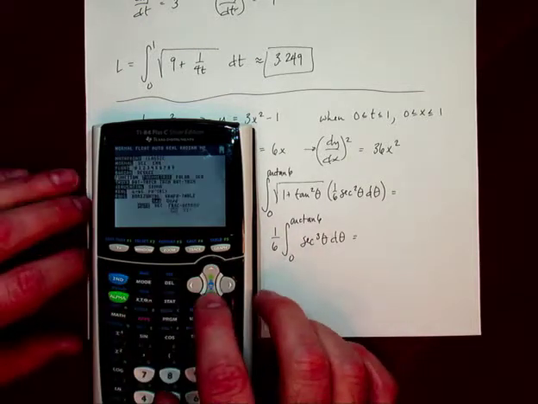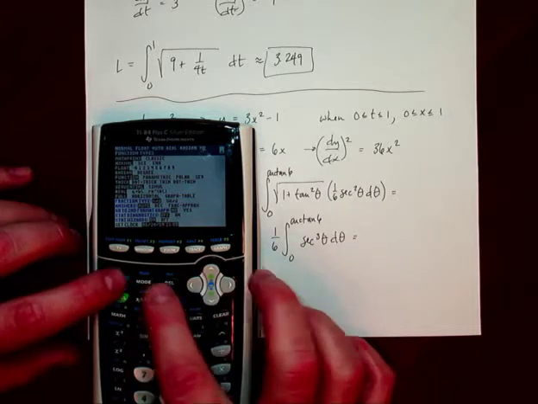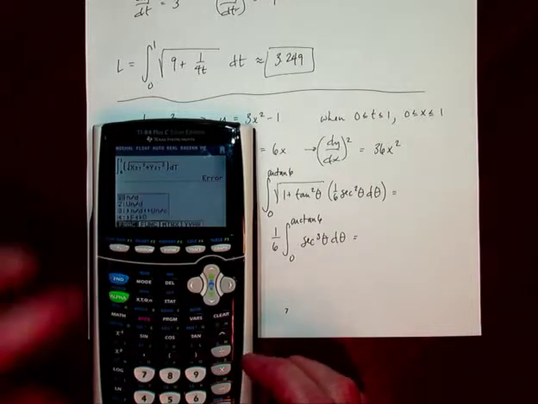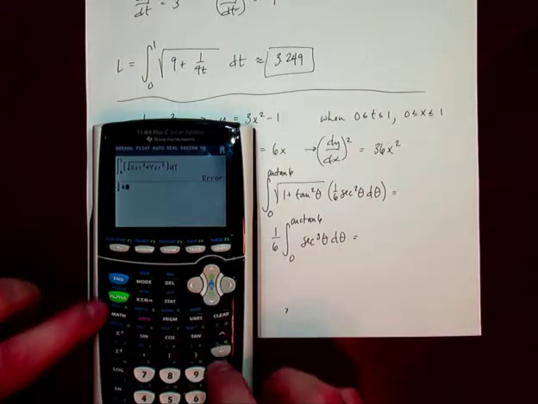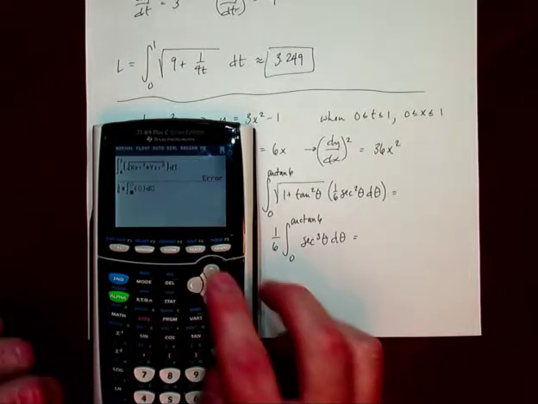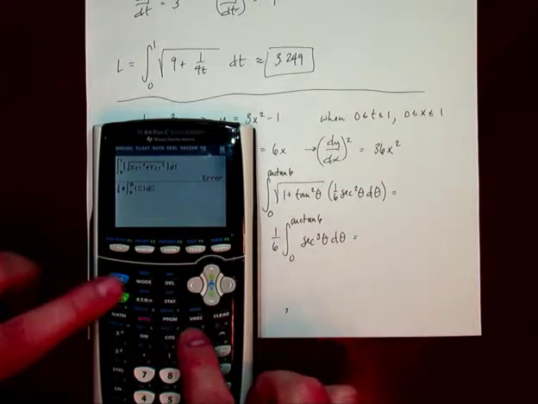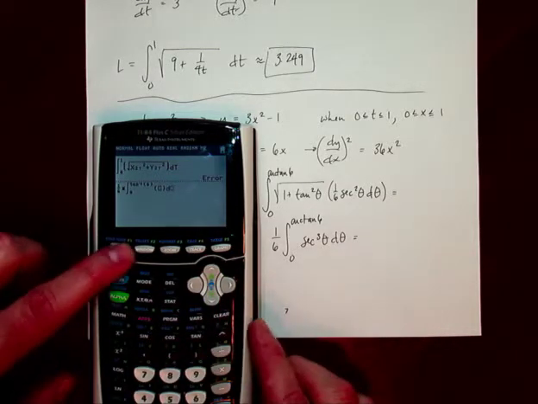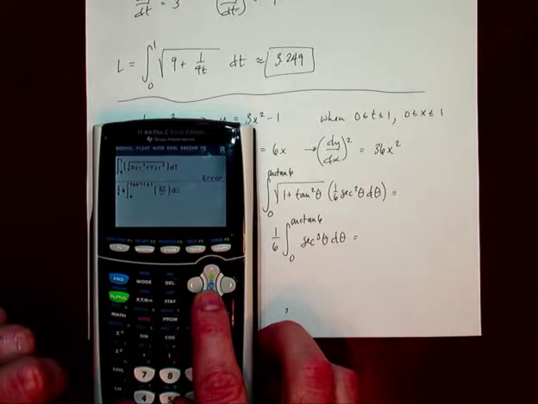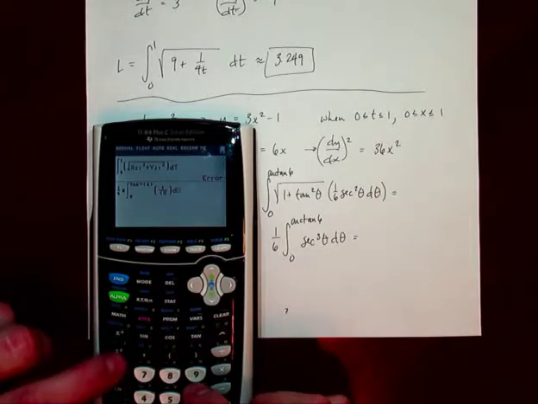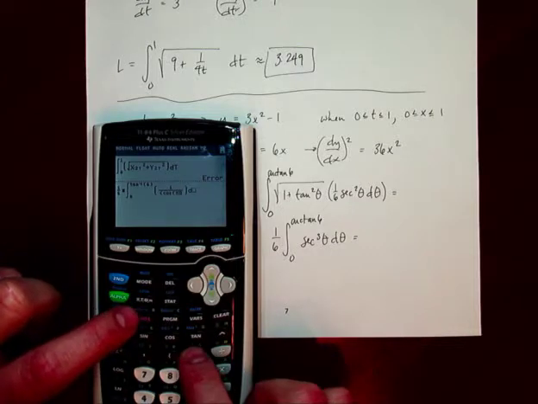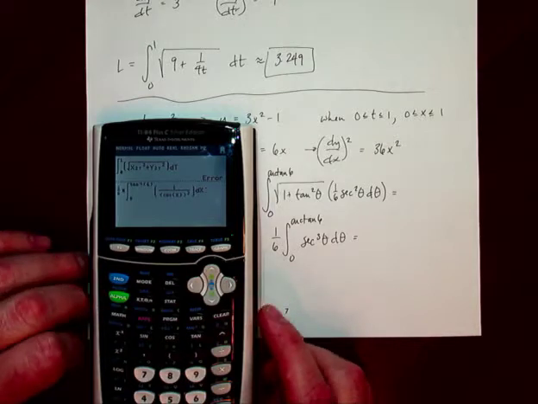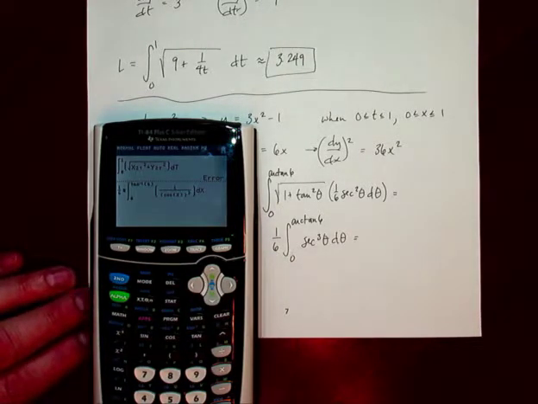Let's actually go to the function, and let's go ahead and just do this one by hand. 1/6 times the integral from 0 to inverse tangent of 6 of 1 over, and this would of course be cosine x cubed dx, and this may take a while.